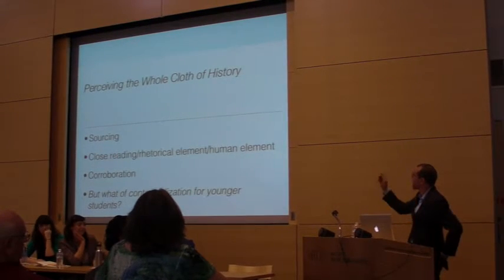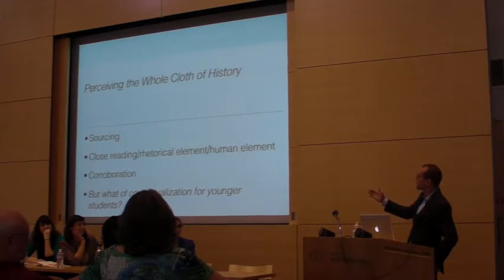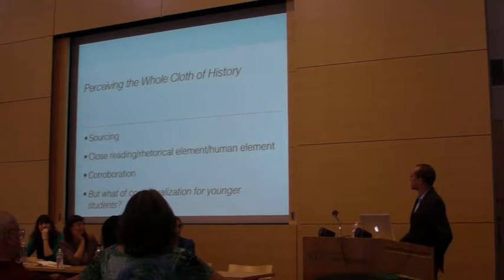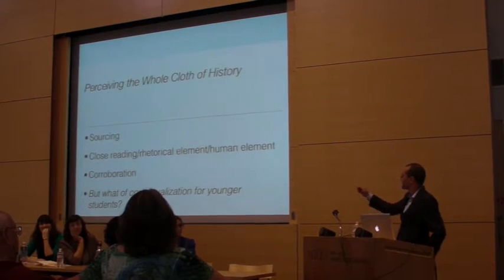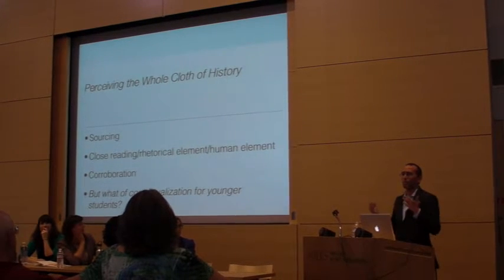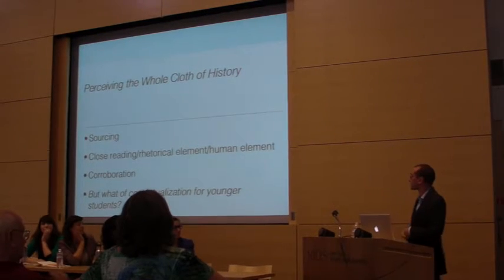And so they talk a lot about sourcing, close reading, corroboration. And the fourth skill that they talk about is contextualization. I've come to see sourcing, close reading, and corroboration actually as kind of forms of contextualization or means to contextualize.